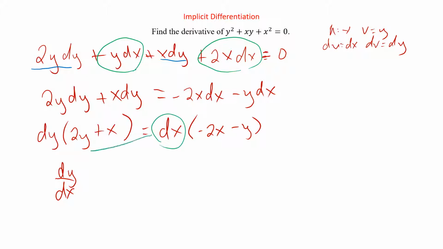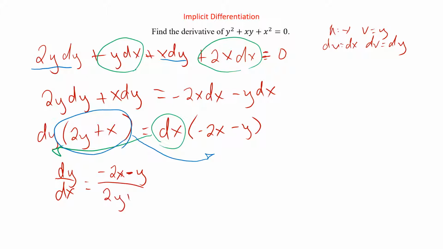We divide the dx over there, and we divide whatever is here over there. So we're going to have dy over dx equals negative 2x minus y over 2y plus x. That's it. That is the derivative implicitly. It doesn't look pretty. It doesn't have to look pretty. But that would be the slope to this equation wherever we might see the equation.